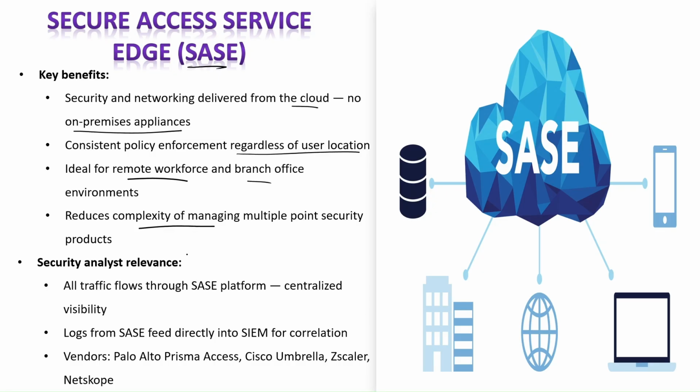So why is this architecture relevant for security analysts? All traffic flows through the SASE platform, which gives us centralized visibility. Logs from SASE are directly fed into a SIEM solution for correlation. Some vendors of this platform include Palo Alto Prisma Access, Cisco Umbrella, Zscaler, and Netskope.